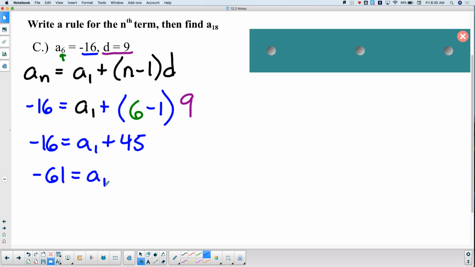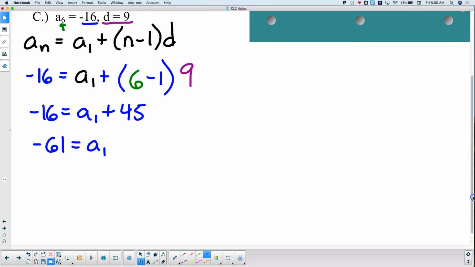Now that I have my first term, and now that I have my common difference, I can say that my nth term is equal to negative 61 plus n minus 1 times 9 as my basic one.